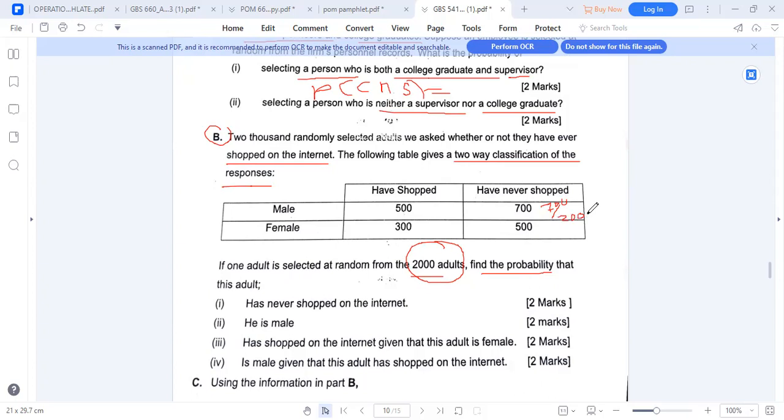Then the other one is 500 divided by 2000. This one divided by 2000, and even this one divided by 2000 to get the joint probability.